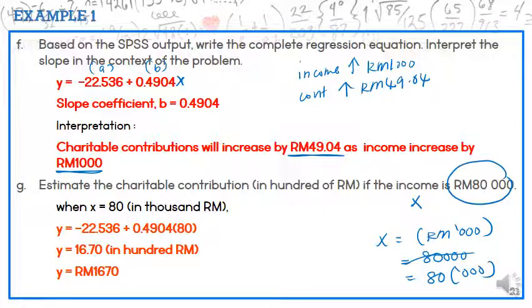So dia suruh cari Y, that's why we substitute X with 80 instead of 80,000. So you dapat Y sama dengan 16.70. Tapi Y itu in 100. So Y sama dengan RM1,670.